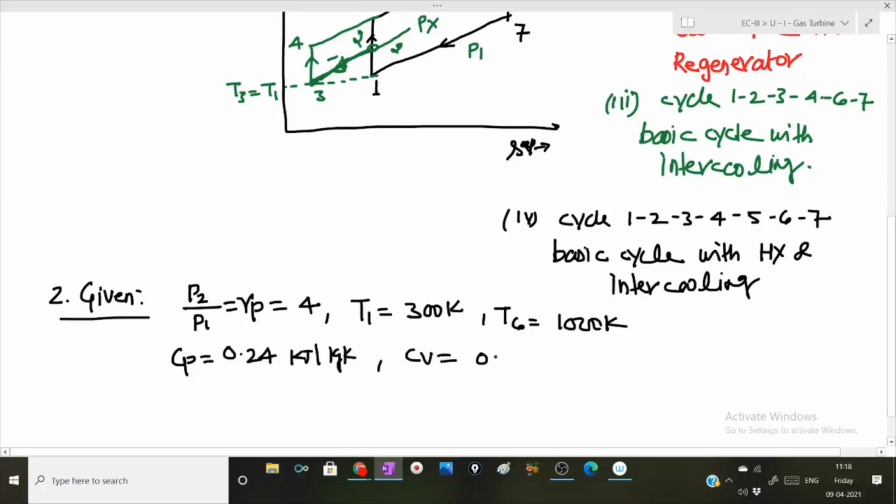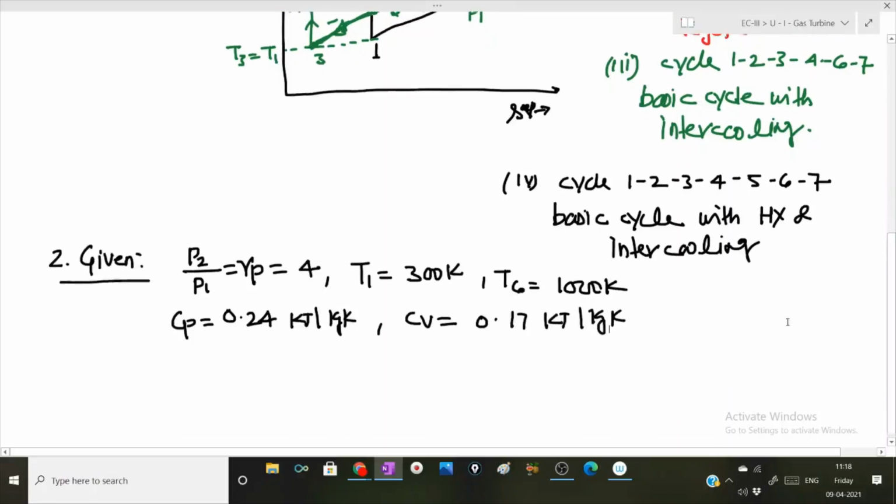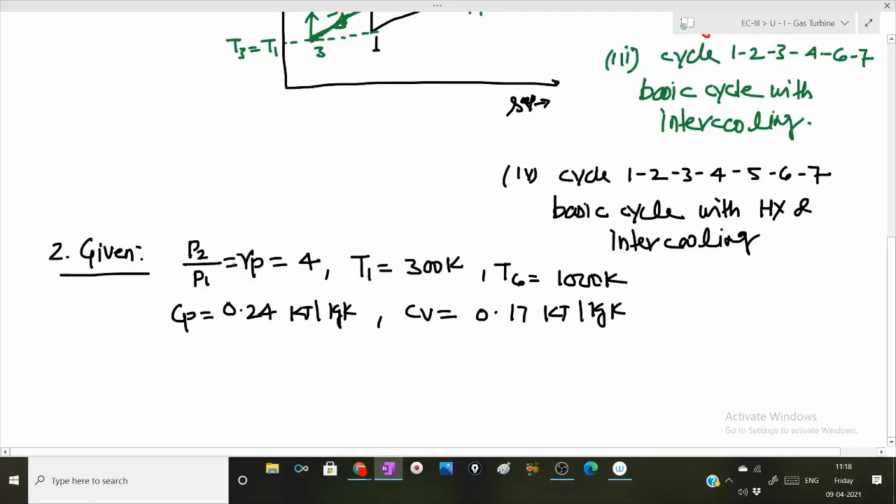Cv value is 0.17 kilojoule per kg Kelvin. Now for air, Cp and Cv values are given, so I can also calculate the value of gamma, Cp over Cv, 0.24 over 0.17, and this value comes out to 1.4. Okay, so these are the values given to you.